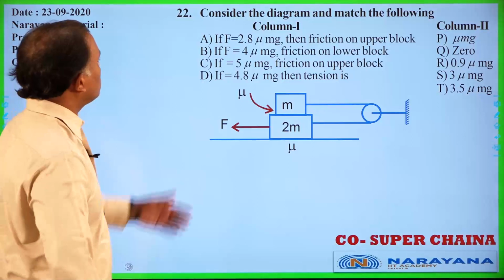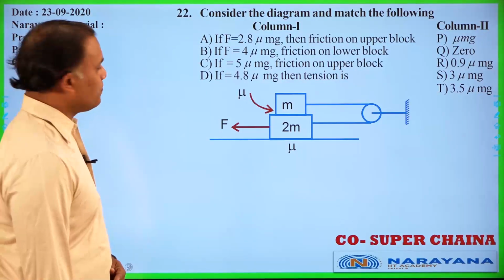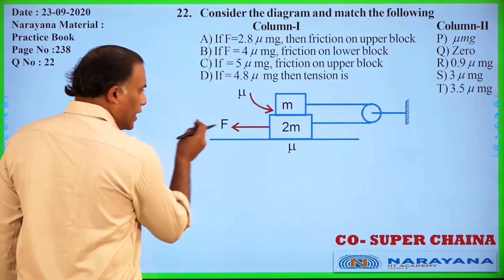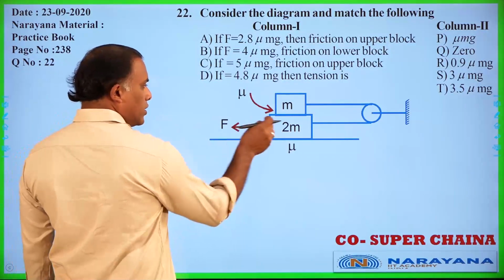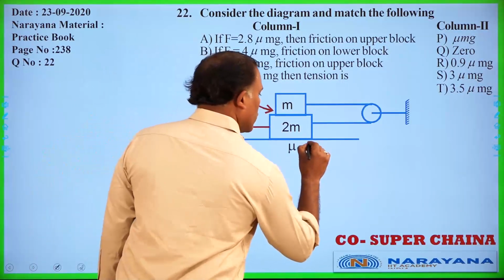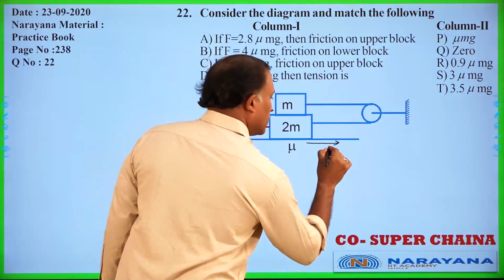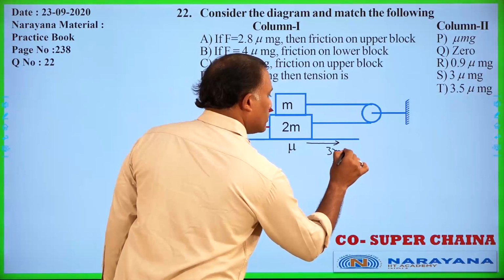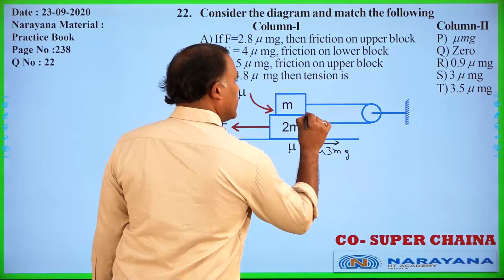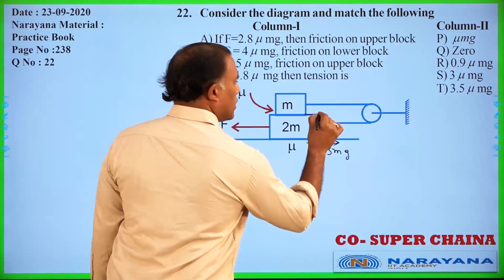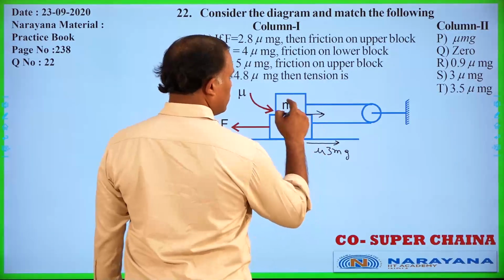Next, see here. Consider the diagram and match the following questions. When you apply the force like this, the block will start moving this side. So here the friction is mu into (2m plus m), that is mu into 3mg, and here it is mu mg.